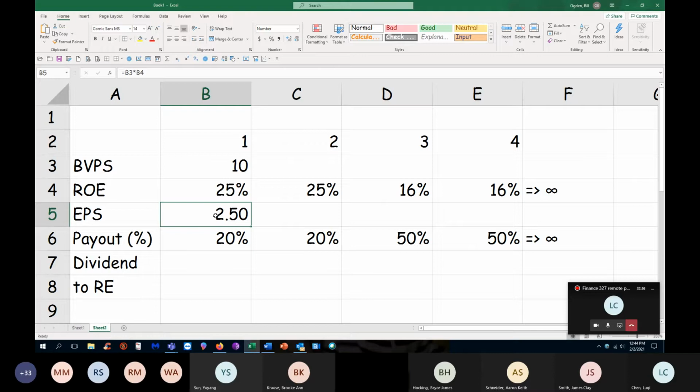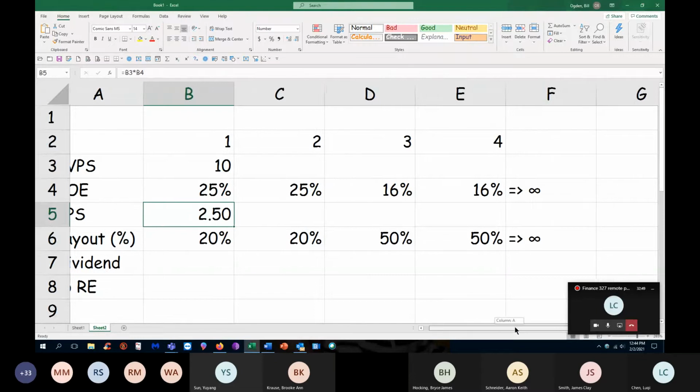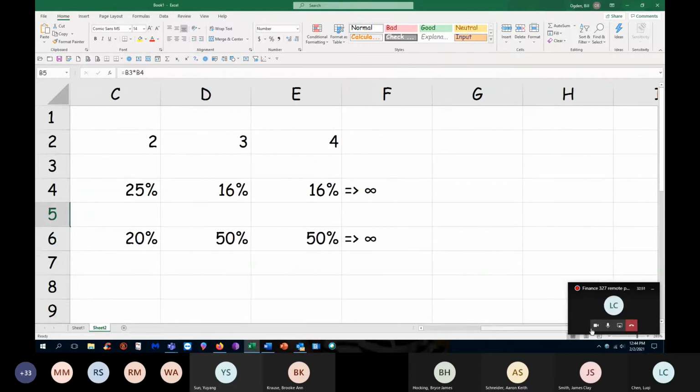Okay. What happens to that $2.50? Well, this company's policy, at least next year, will be to pay out 20% of that as a dividend. So what's this payout percent? Well, relating that back, it's the complement to the plowback ratio.